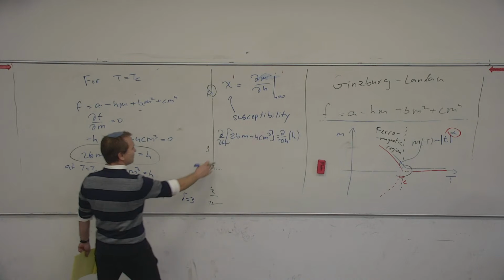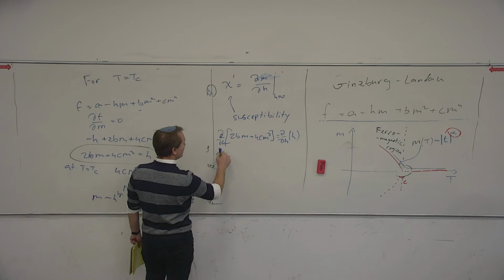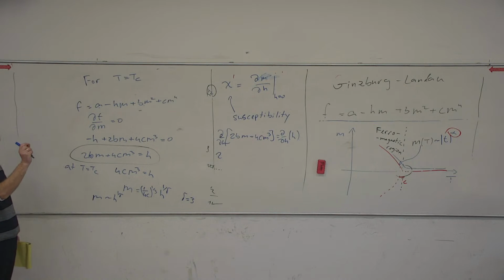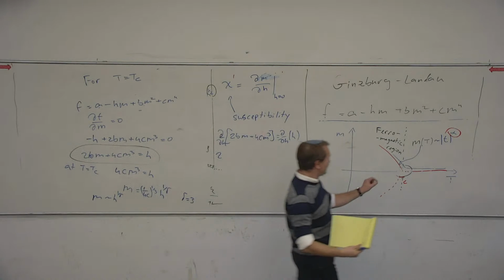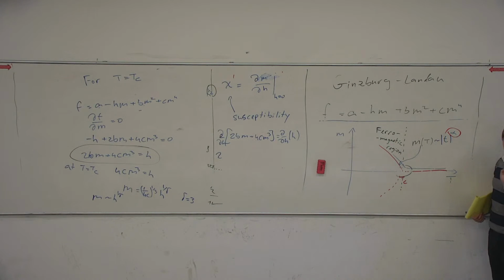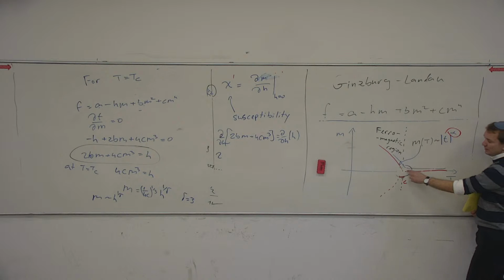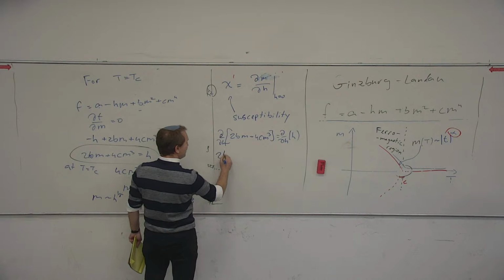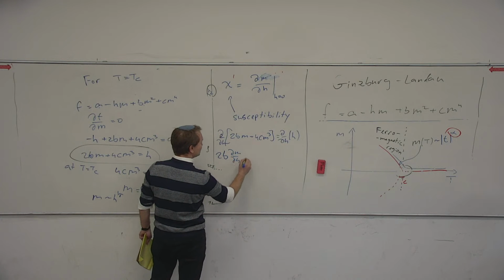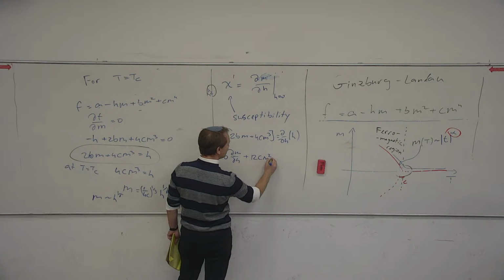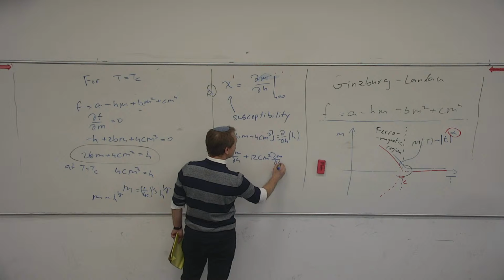What do we have on the left-hand side? B only depends on temperature in this region, when we're really close to the critical temperature. Remember, all that I'm doing is applicable only here. Anywhere else, all those tricks and assumptions do not work, but here somehow they do. So this is 2b dm/dh plus 12c m to the second power dm/dh equals 1.